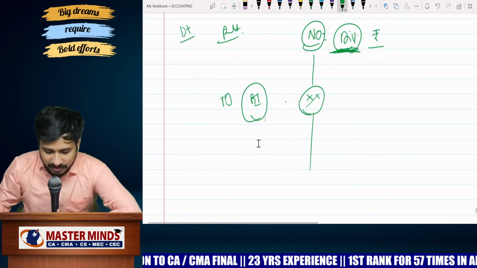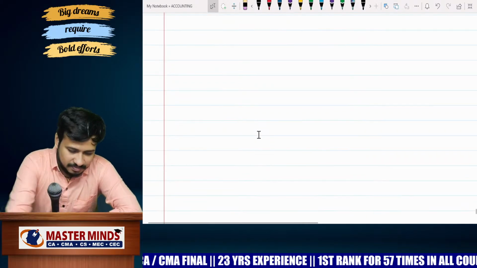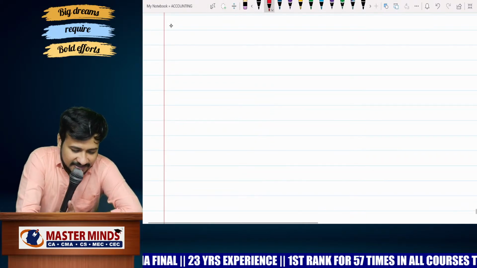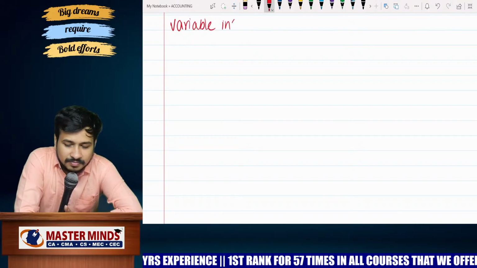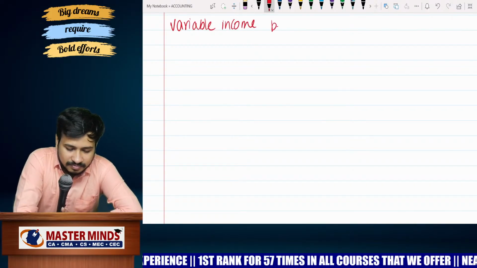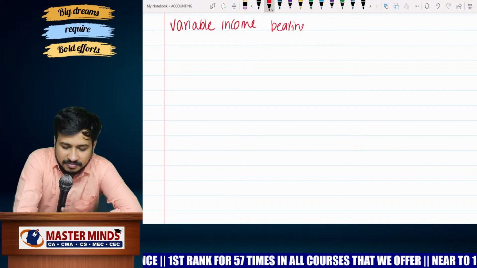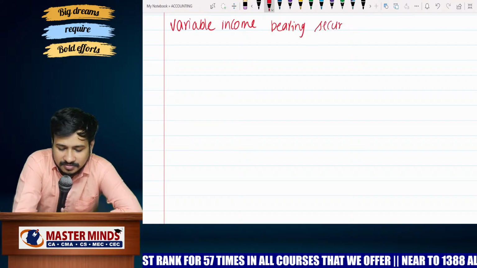Start writing the notes. Variable income bearing securities.